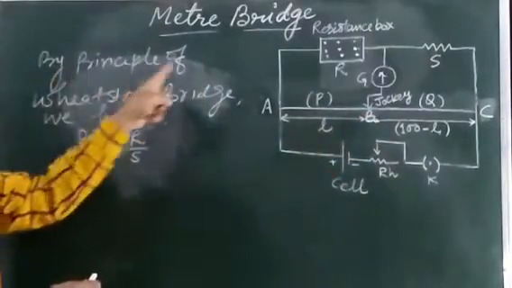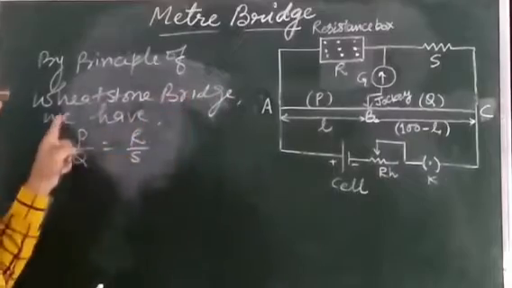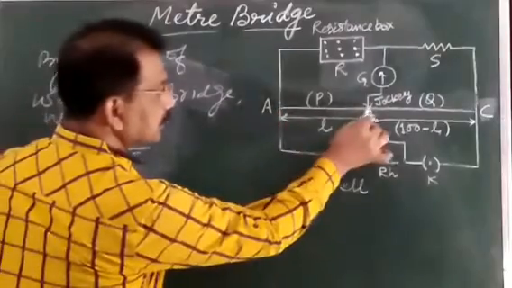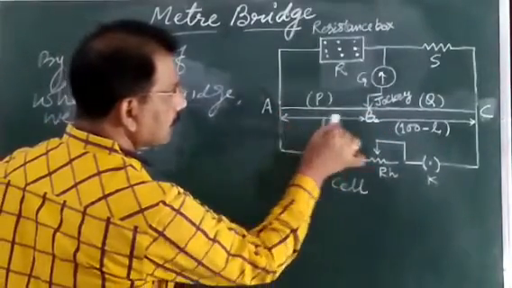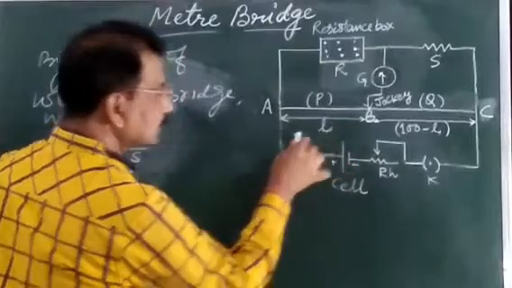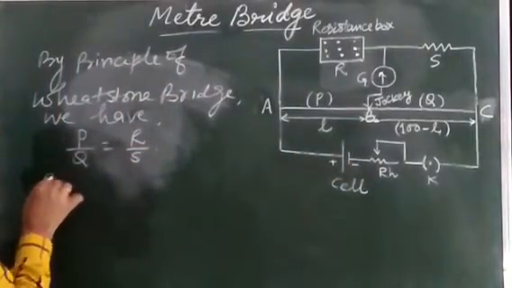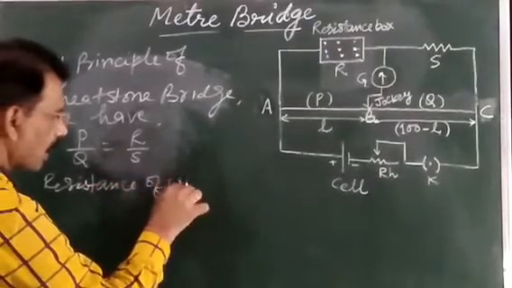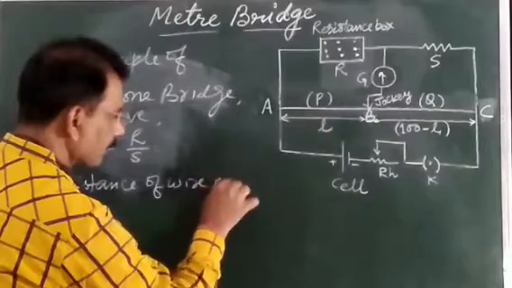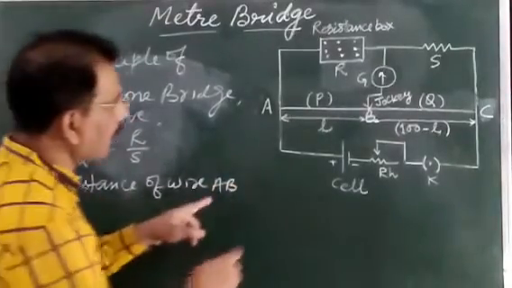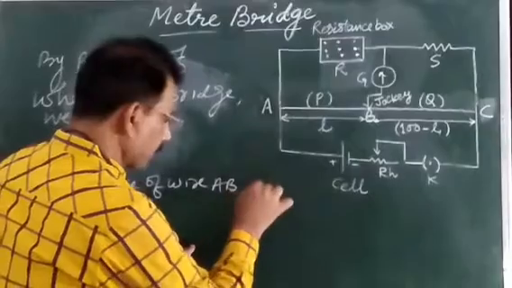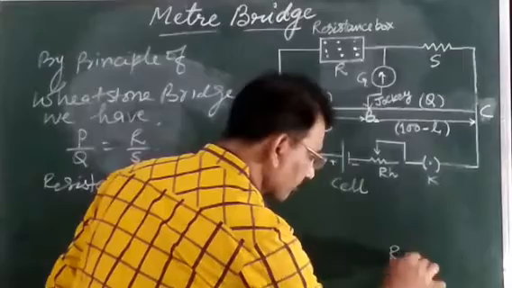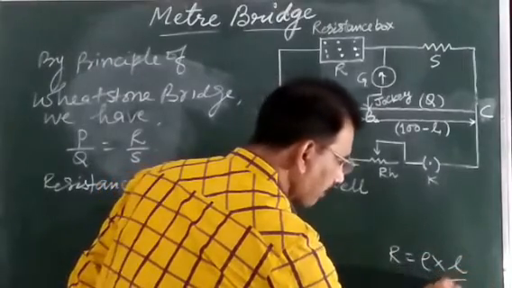So, by the principle of Wheatstone bridge, we have P by Q is equal to R by S, where P is the resistance of this wire AB, and the length of this wire AB is L. So simply, the resistance of wire AB, what you have taken? P. Dear student, you know one formula: R is equal to rho into L upon A.